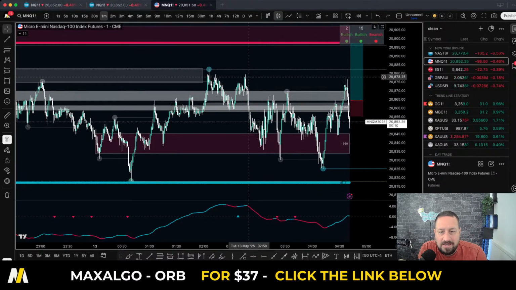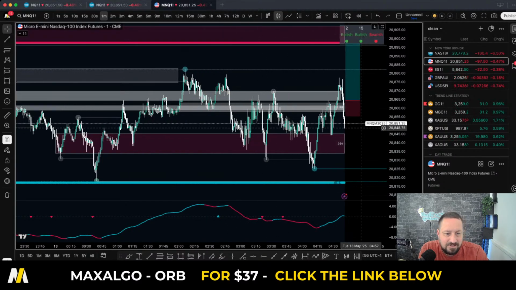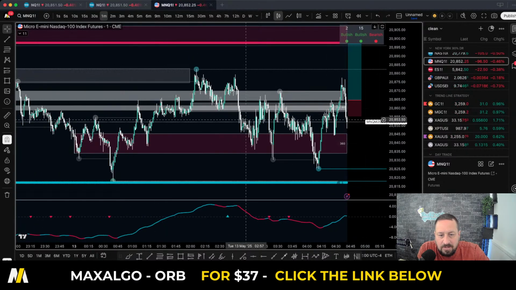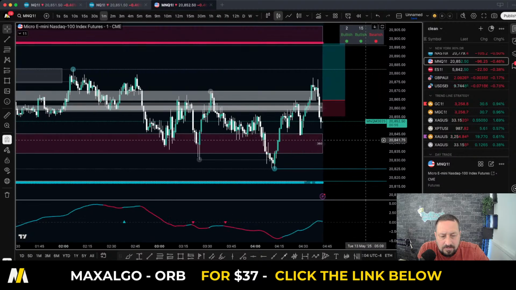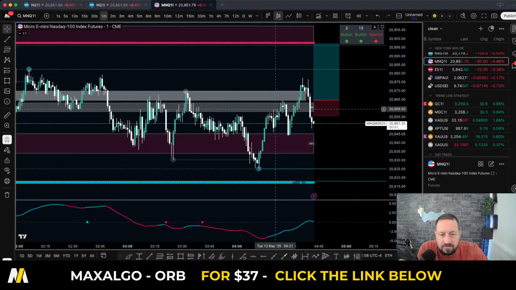Our 4 hour is bullish, it's bearish. So we've got 20 minutes until the next 4 hour is over. So got to be careful when you're playing against the time frame. So that didn't hold, just went straight through.